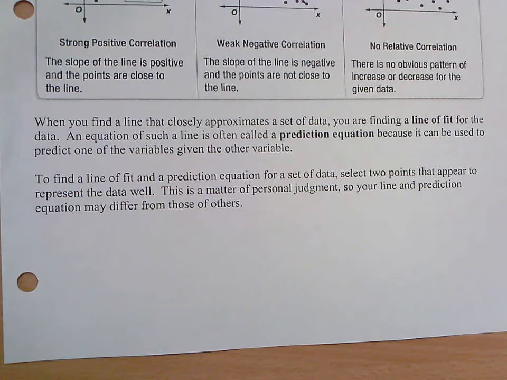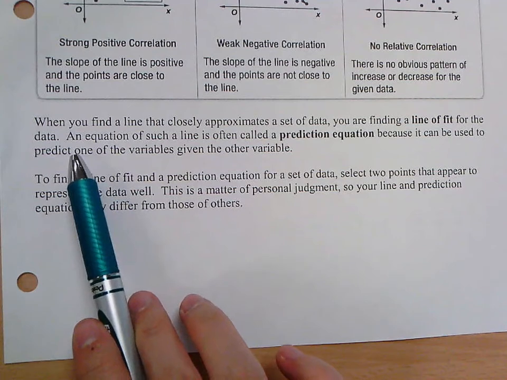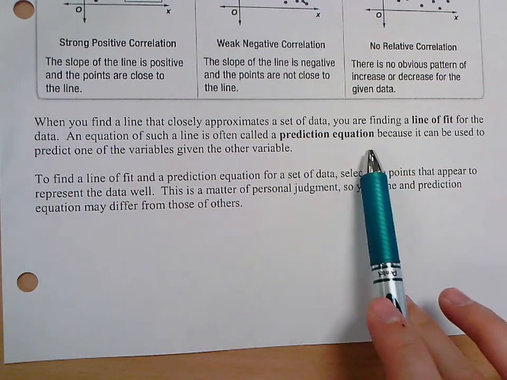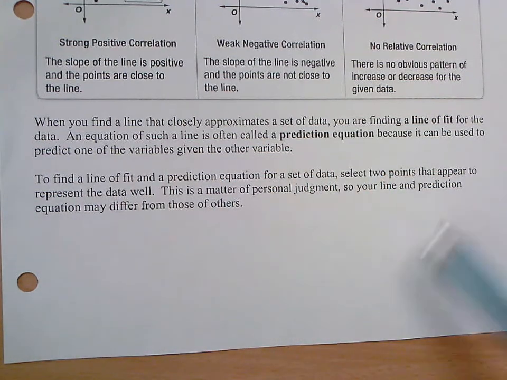That is, as the name entails, the best line or linear function that would predict your data. So an equation of a line is a prediction equation because it's then used to predict one of the variables given the other variable. A value that you're not actually given in your data set, you can use that equation to predict the value of that.